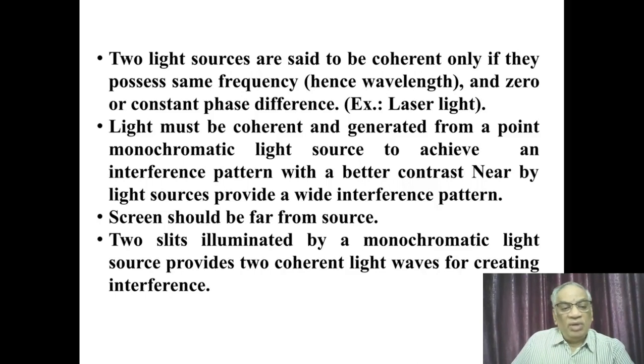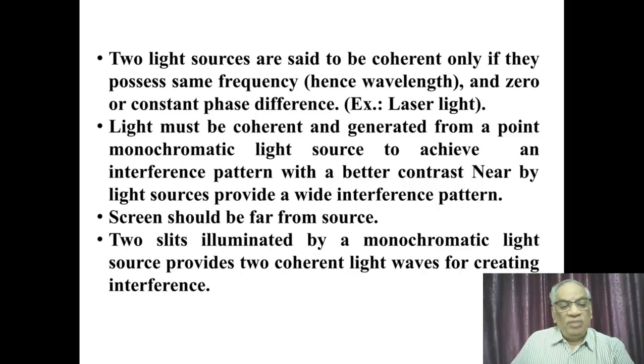The light must be coherent and generated from a point monochromatic light source to achieve an interference pattern with better contrast. Monochromatic means a light source having one color, like red laser light, and nearby light sources provide a wide interference pattern.